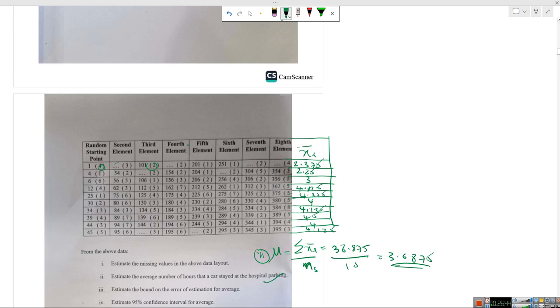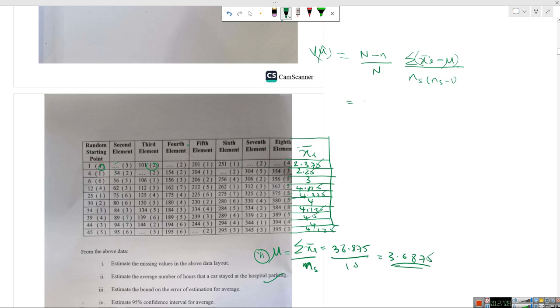Now estimate the bound on the error of estimation for average. What they are asking is the variance of mu hat. For this we have this equation: (N minus n) divided by N, times the summation of (xi bar minus mu) squared divided by ns minus 1.